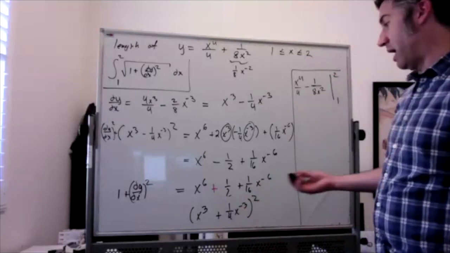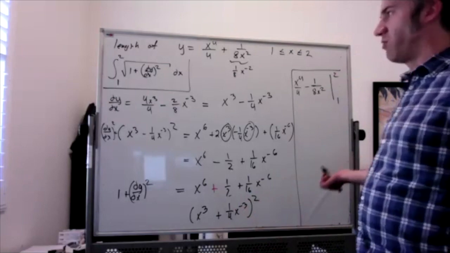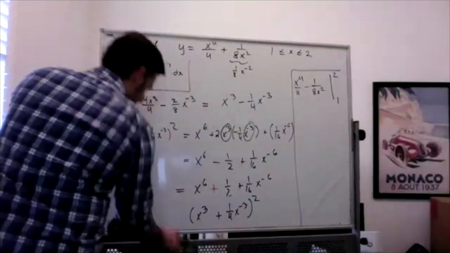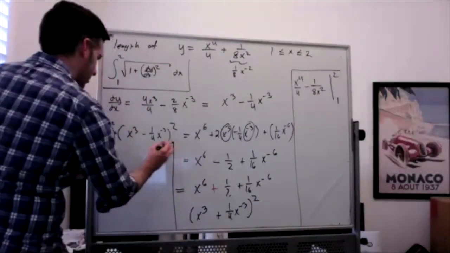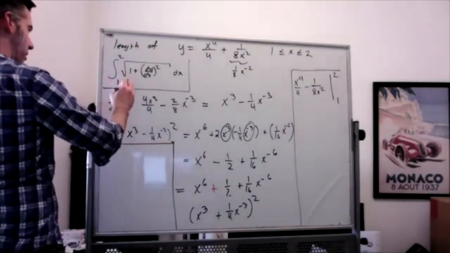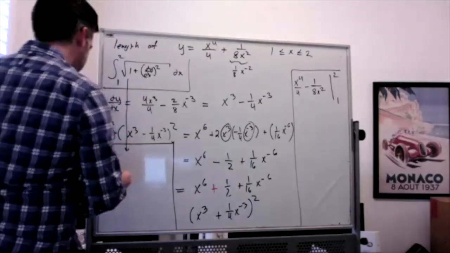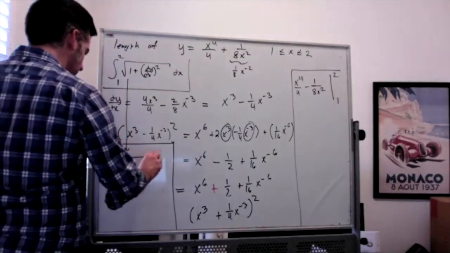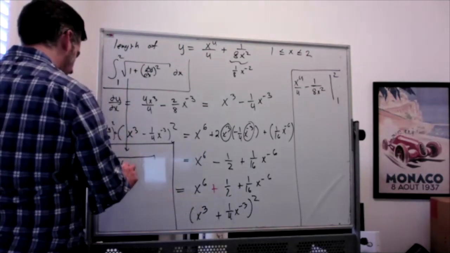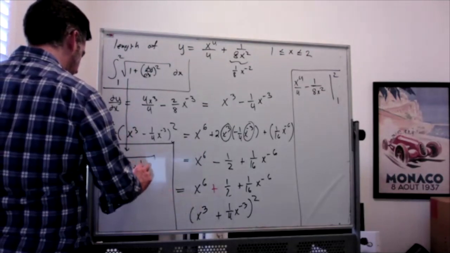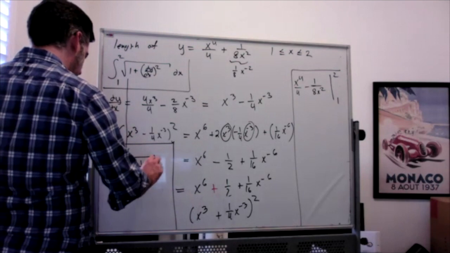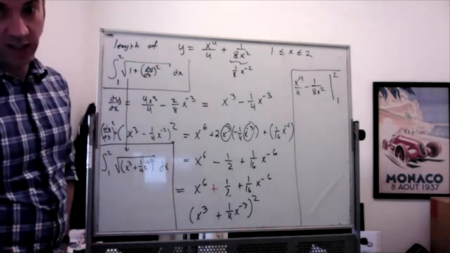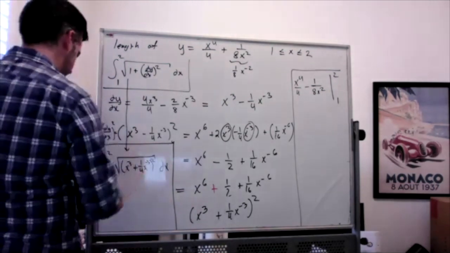So then to actually calculate the arc length, and of course I've run out of room on this side of the board, I guess I can go over here. My arc length is just going to be the integral from 1 to 2 of the square root of (x cubed plus 1/4 x to the negative 3rd) squared. But the square root of that thing squared is just x cubed plus 1/4 x to the negative 3rd.